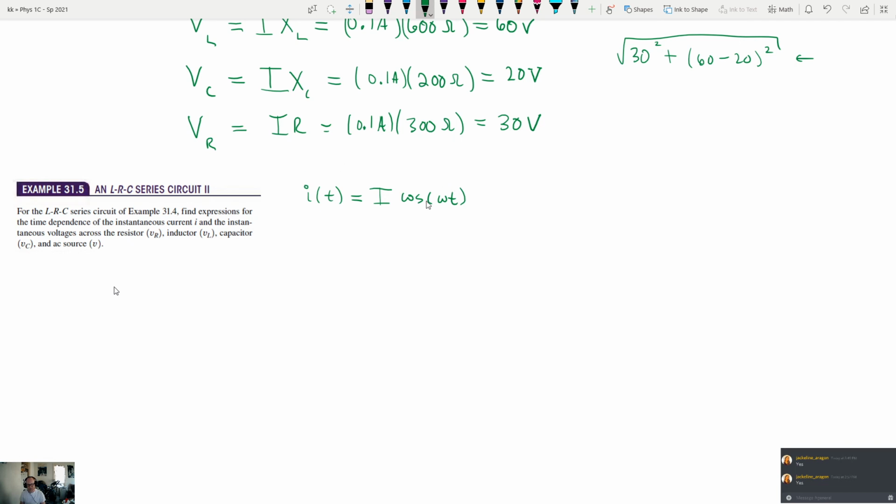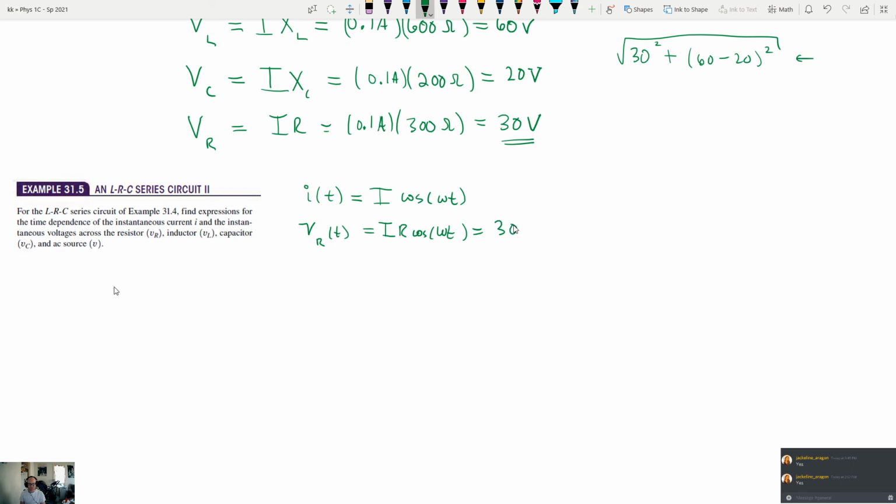If we start with this, we know how to find the rest of them, because we know that the voltage across the resistor as a function of time is basically just I times R. So in here we're going to put IR cos omega t. Now we actually have values for these, so we might as well plug them in. So I times R was the voltage across the resistor, right? 30 volts.